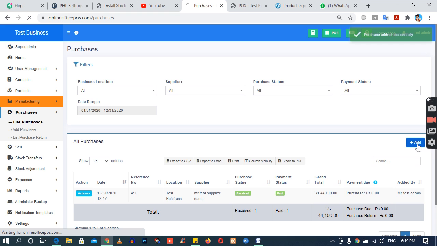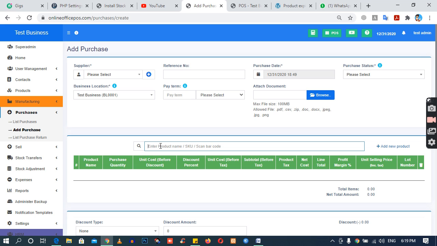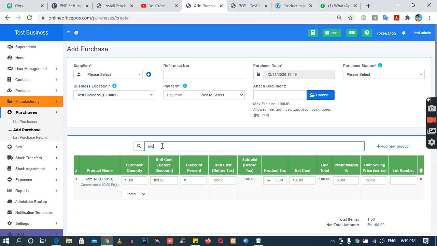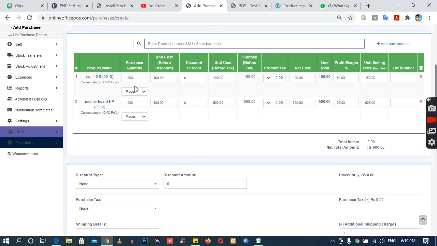Okay, let me add one more purchase. The one more purchase is RAM and motherboard. I am just creating two more items in another lot number. In this lot I have 1% discount, and I also have 1% discount.